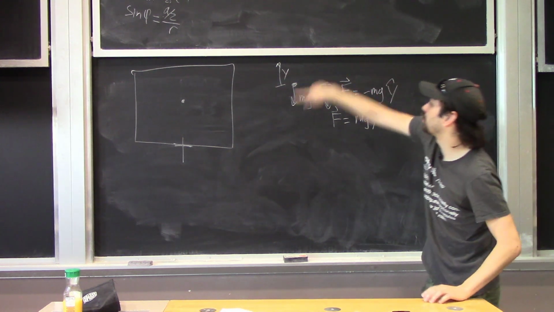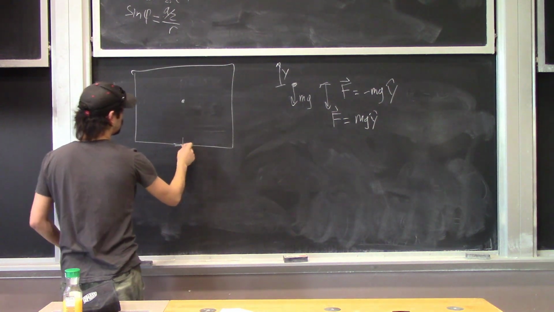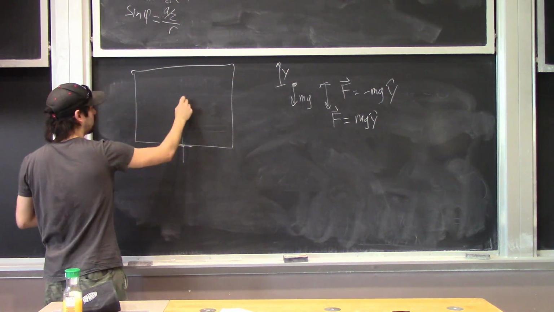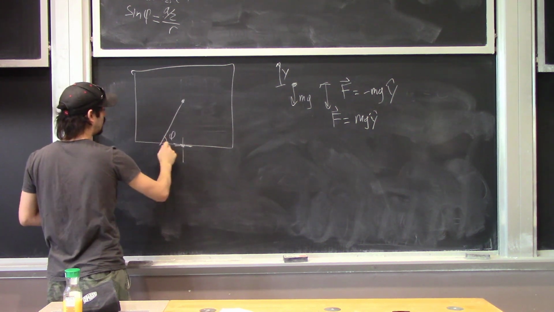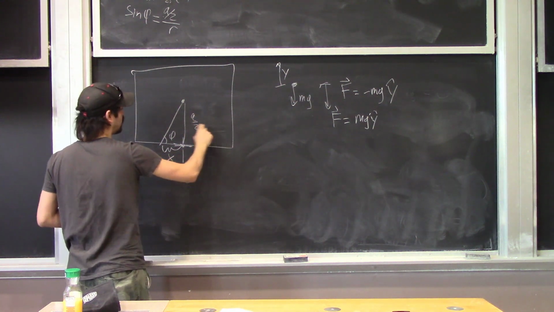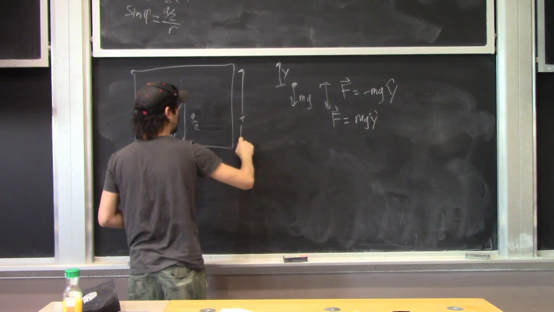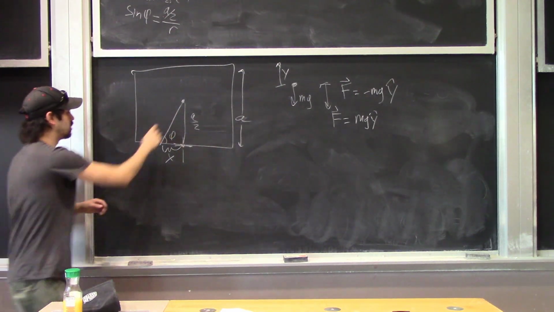And what I'm doing when I'm defining this particular origin is I'm saying that the origin is right in the middle of this wire. So x is equal to 0 here. And then that makes this the distance x. This is the distance a divided by 2 if this has length a. And then this is r.